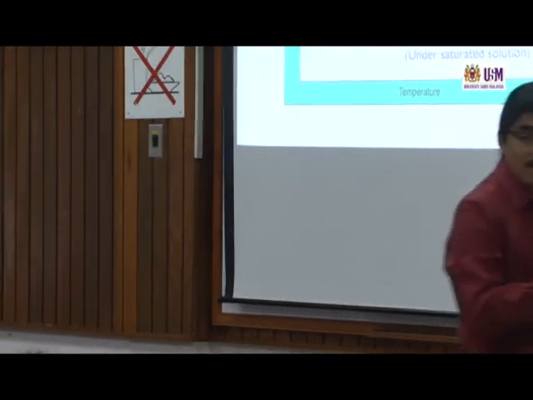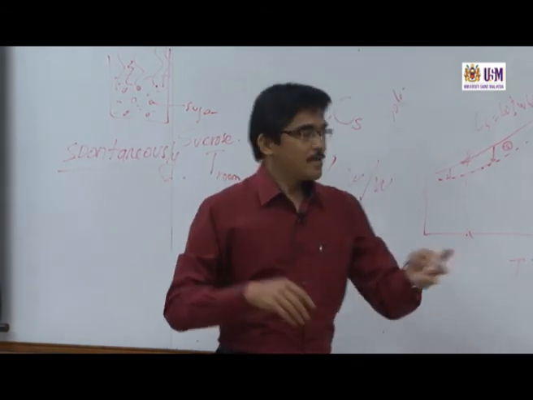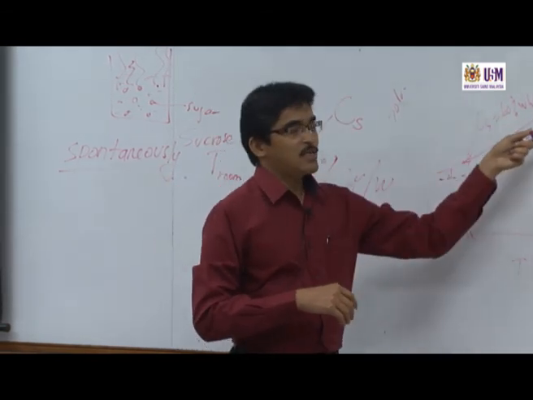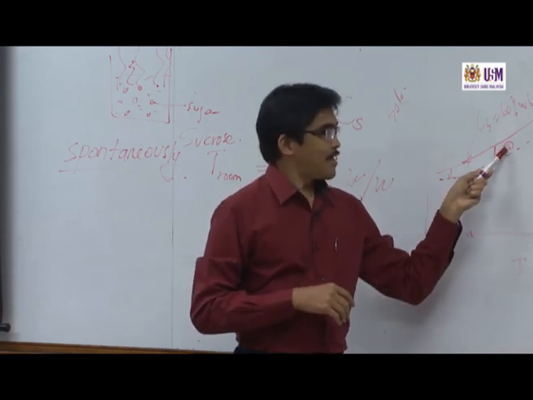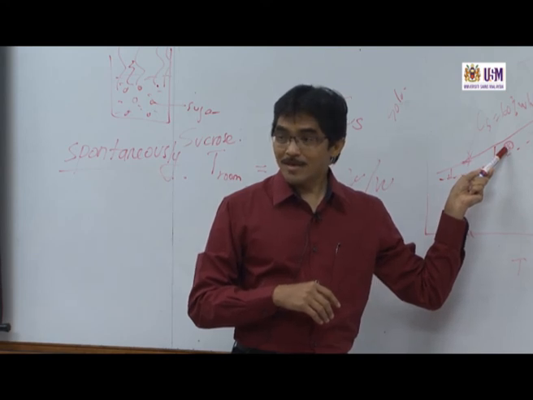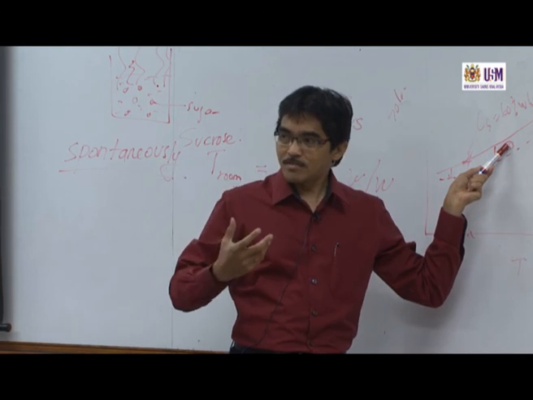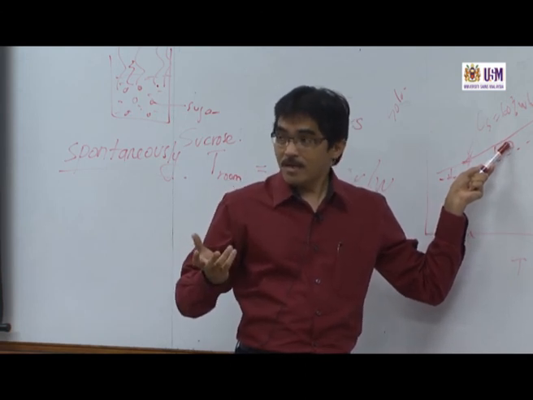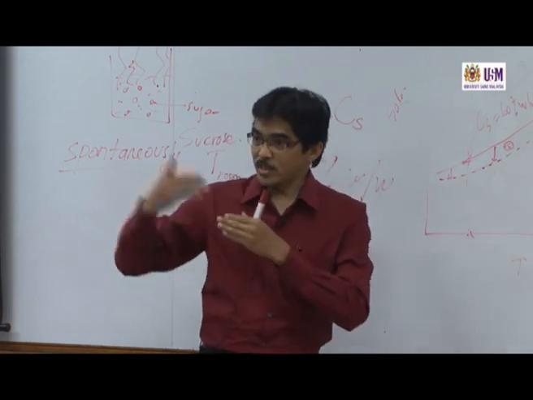So the effect would be like this. When we add a second solvent, the solubility curve would be shifted down. Then we generate a supersaturated state, meaning that now the solution or the oil can start the crystallization, start the nucleation and so on.